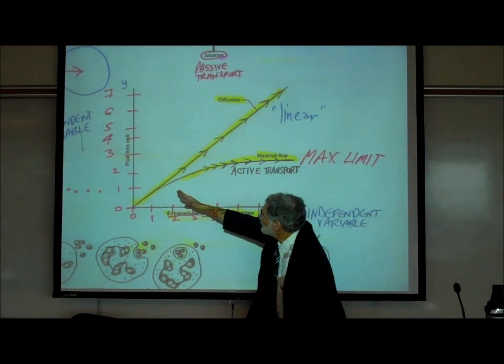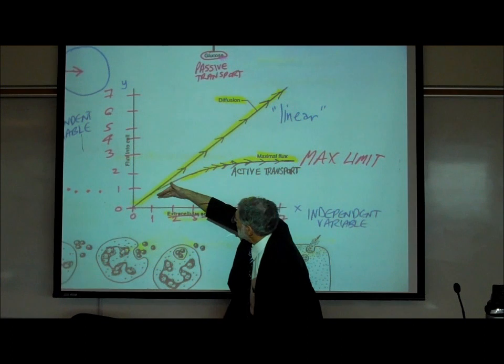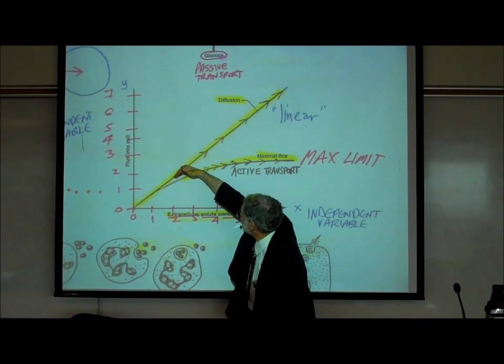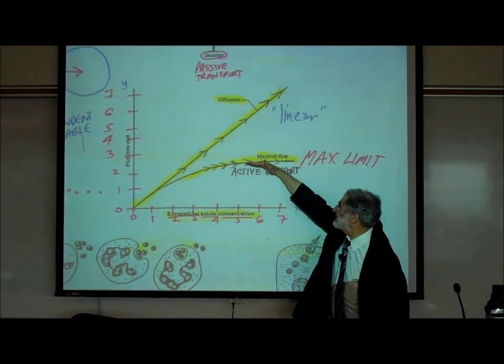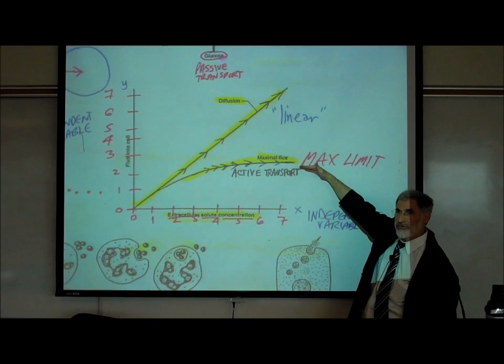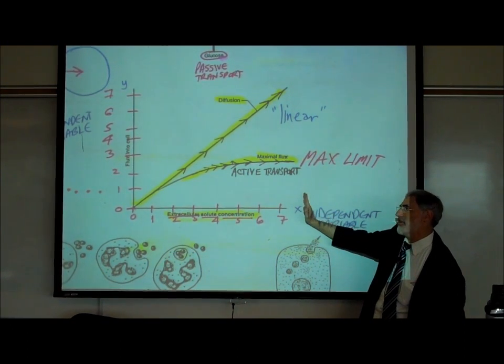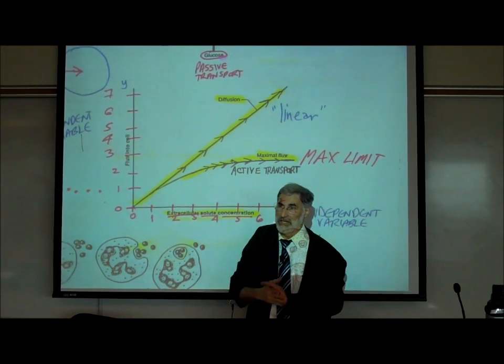As the concentration was increased on the outside of the cell, initially the flow increased, the flux increased into the cell, and then it maxed out. Can everybody see here it's reached a maximum level? Even though we're still increasing the amount of the chemical on the outside of the cell, we're not seeing an increased flow in.